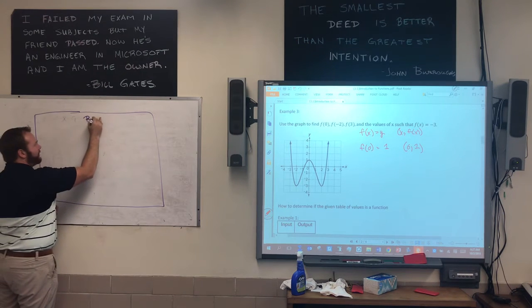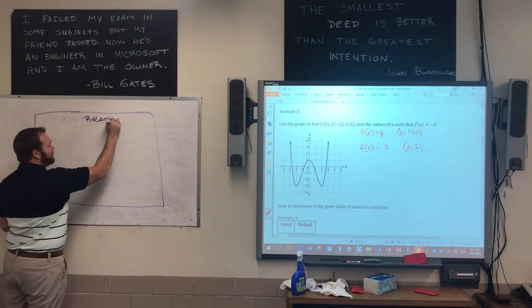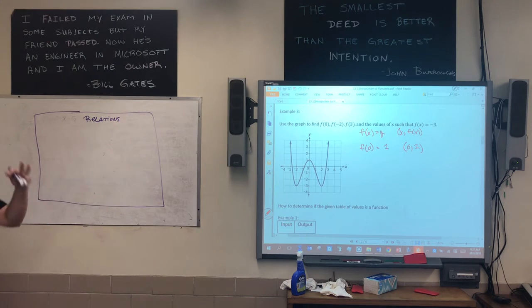So we've got this all-encompassing grouping of objects called relations. Okay, and there are all types of equations and maybe even inequalities that you see. Let's just stick with equations, but there are all types of equations or graphs that you guys have seen throughout all of mathematics so far.